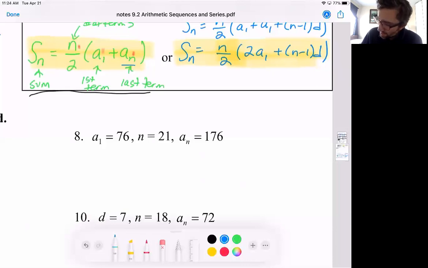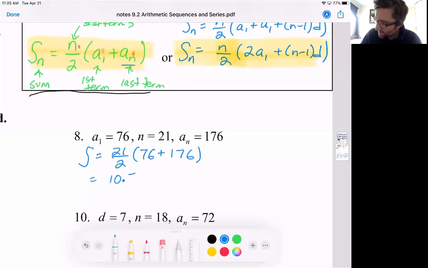So our sum would be 21 over 2. The first term is 76. The last term is 176. So 21 over 2 is 10.5, and 76 plus 176 is 252.